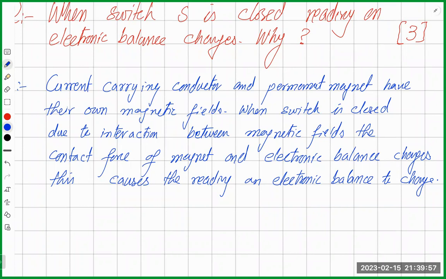So there is a push for a push, there is a pull for a pull. That is Newton's third law. In both cases, the contact force between the magnet and the electronic balance is supposed to change. And that is why the reading on the electronic balance should change.